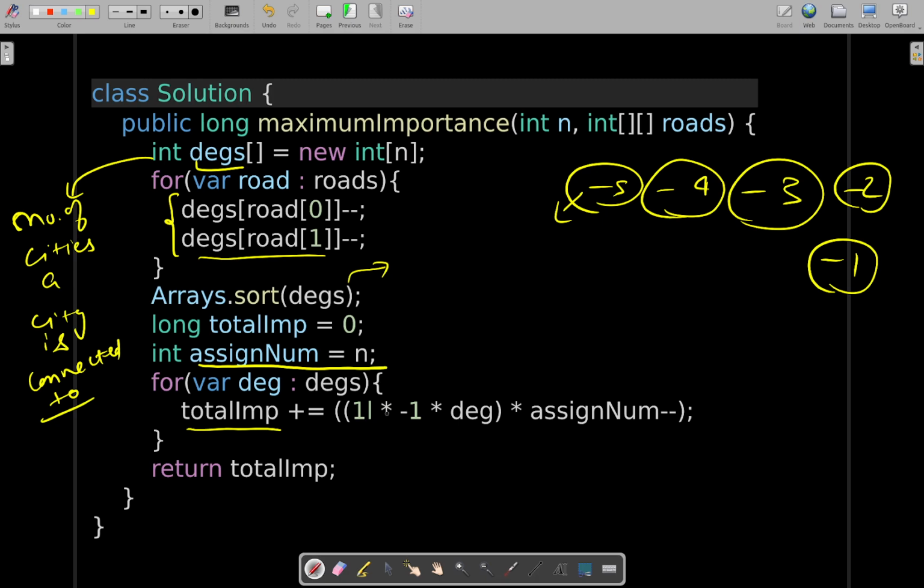Before adding it to the total importance, since we have converted every number of cities a city is connected to into a negative number, we should convert it back to a positive number. And then this 1L is for converting it into a long number. Okay, because the return type is long, and at last we will be returning this total importance. Okay, so this is the whole approach.